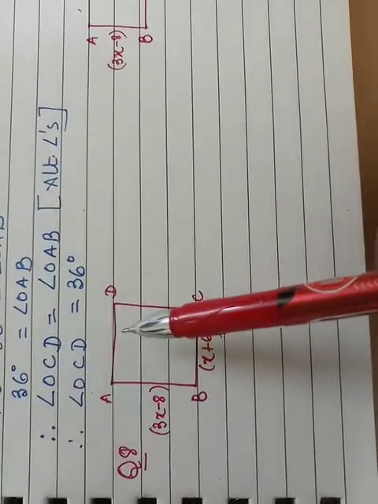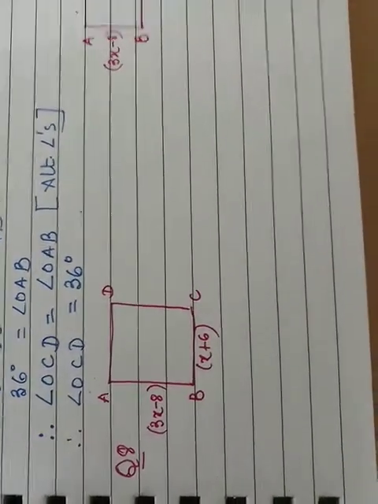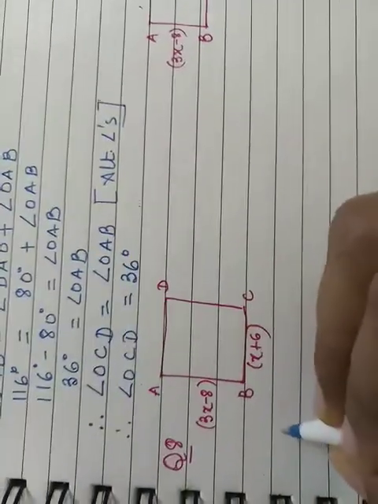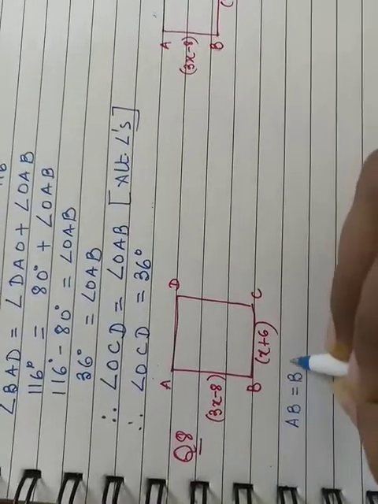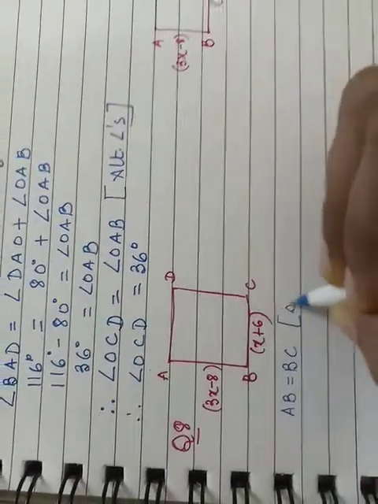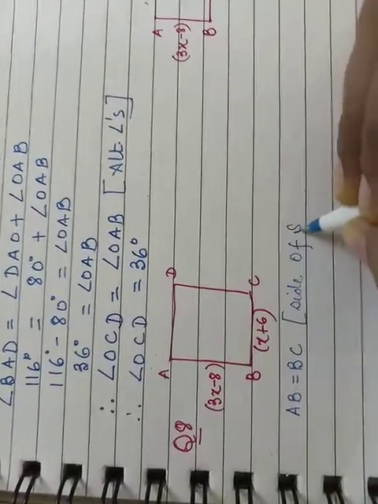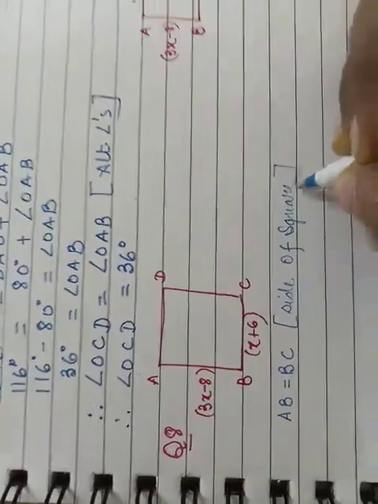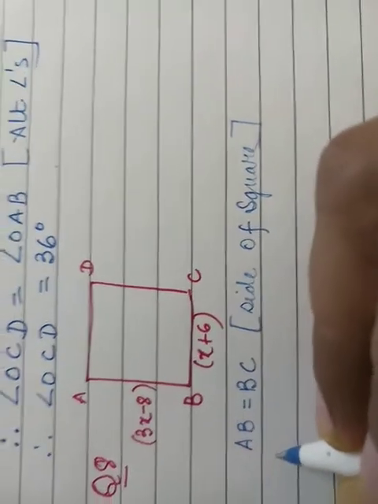We know very well that the sides of a square are equal. So we write AB is equal to BC, sides of a square. Now we substitute the values.